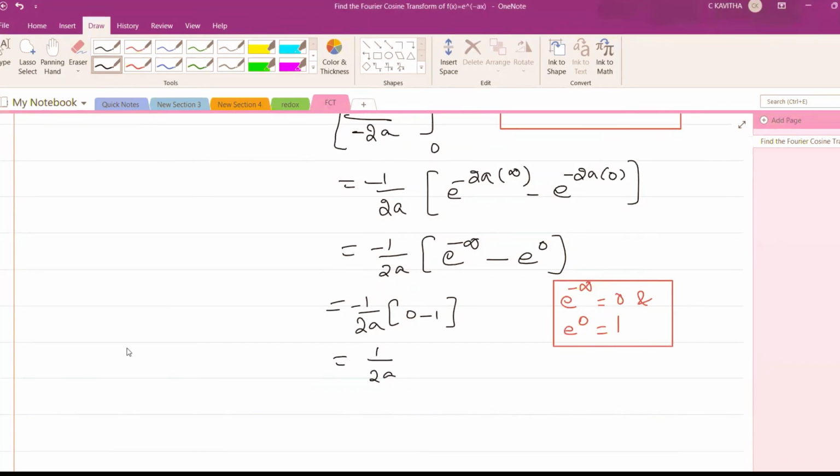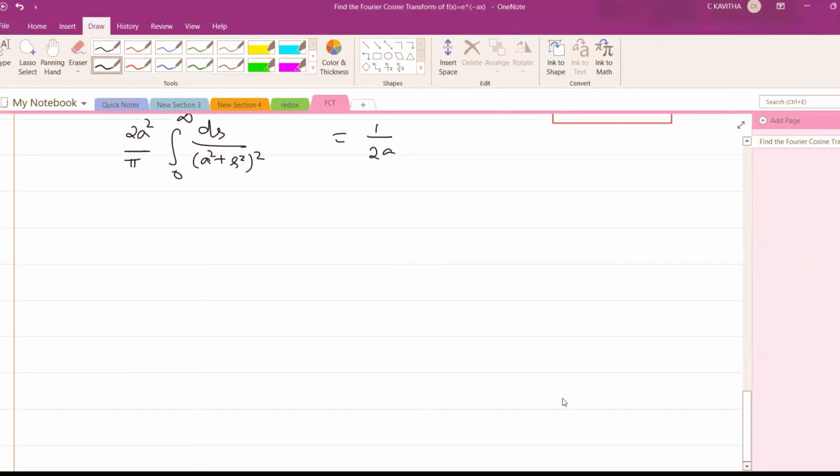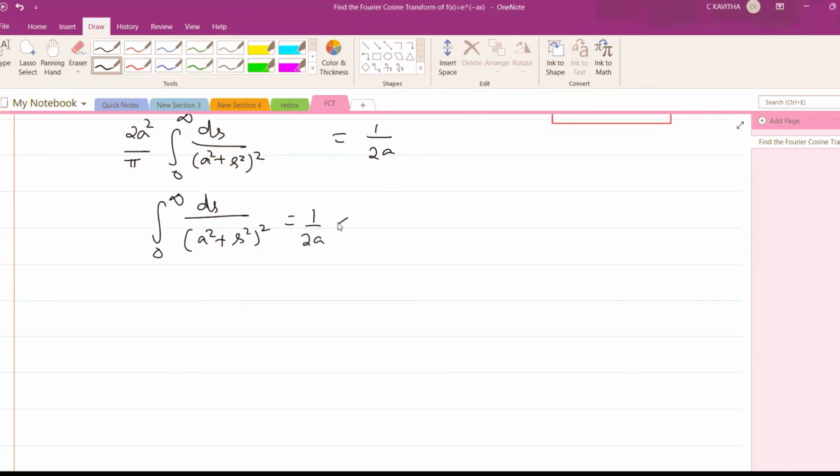Now, in the left hand side, you have 2a square by pi into integral 0 to infinity ds divided by a square plus s square the whole square. Now we can bring that 2a square by pi to the right hand side. When it comes to the right hand side, it becomes 1 by 2a into pi by 2a square.